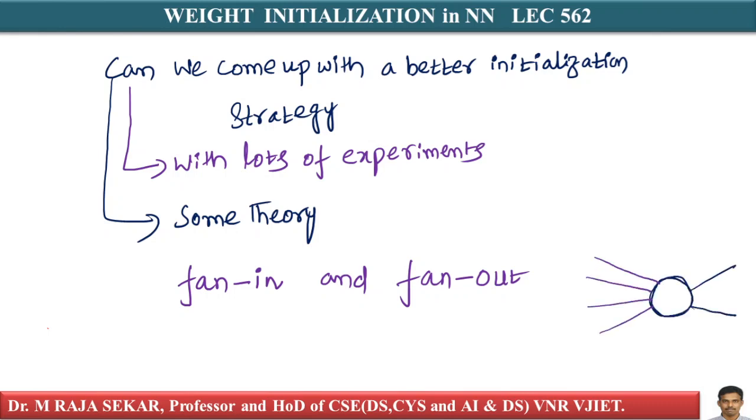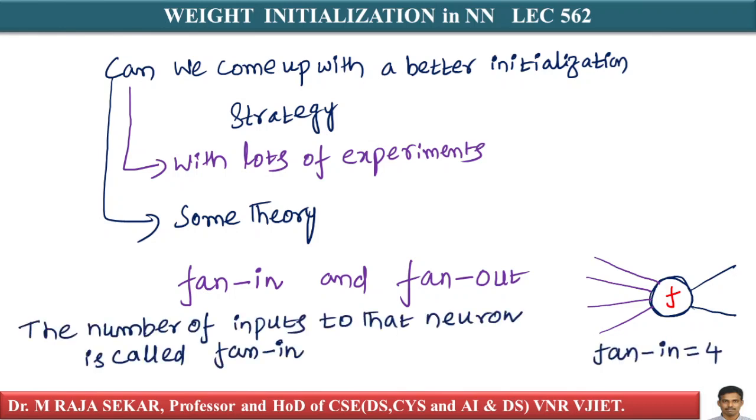Suppose you have a neuron, an activation unit F. Let's assume you get 4 inputs to this neuron and 2 outputs. This particular neuron could be anywhere in your neural network. So for this neuron, you have 4 inputs and 2 outputs.